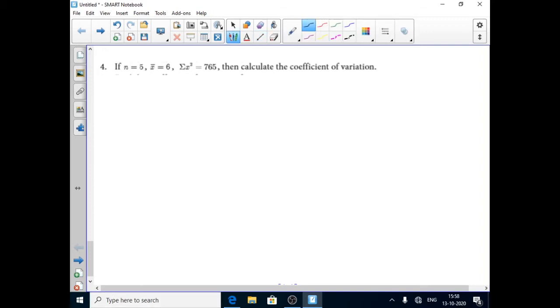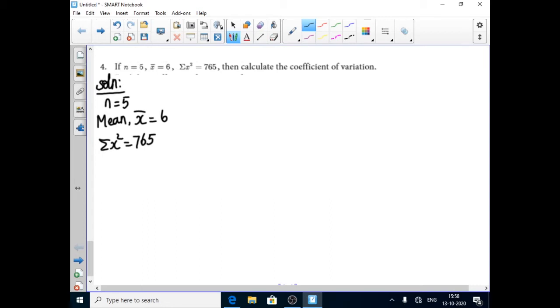Solution: n equal to 5, mean x bar is equal to 6, sigma x squared is equal to 765. We have to find the coefficient of variation.